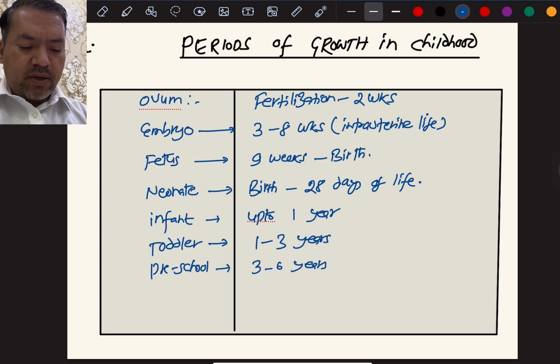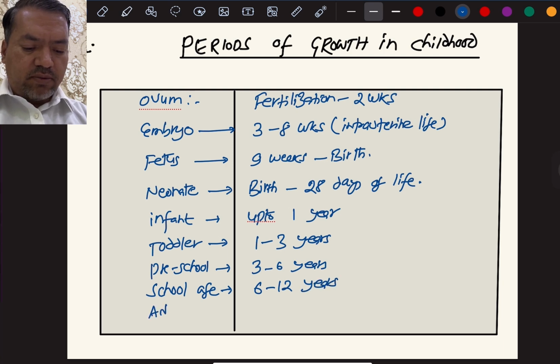Now school age child, school going age, is 6 to 12 years. Quite easy. And one of the very important questions is what is adolescent? Adolescence period is from 10 to 19 years.